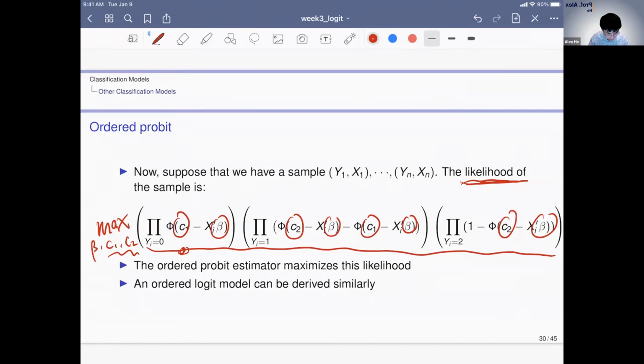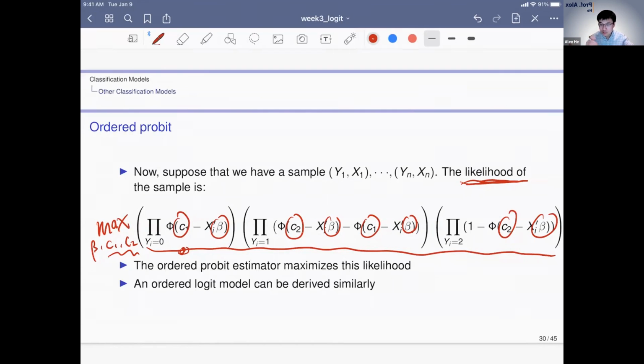Actually, you can think of Logit and Probit as special cases of this where we have a cutoff of 0 or something like that. So it's just one fixed cutoff.